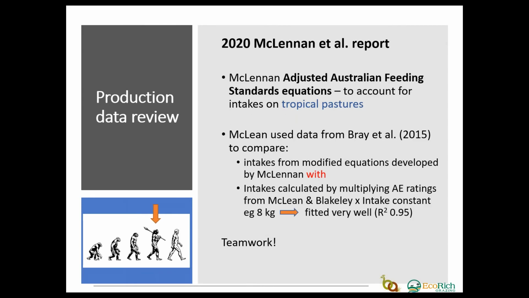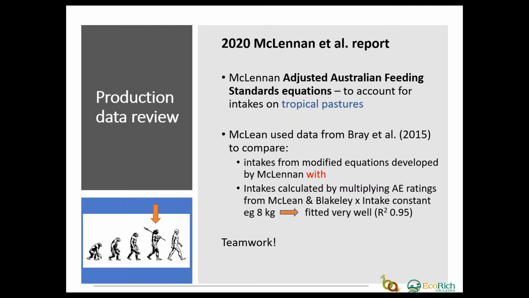So our recent report, headed by Stu McLennan with Ian and myself as part of it, went through and did a comprehensive literature review. And that review showed that the best way to compare animals and to come up with an adult equivalent rating was to use the relative energy requirements of different animals.